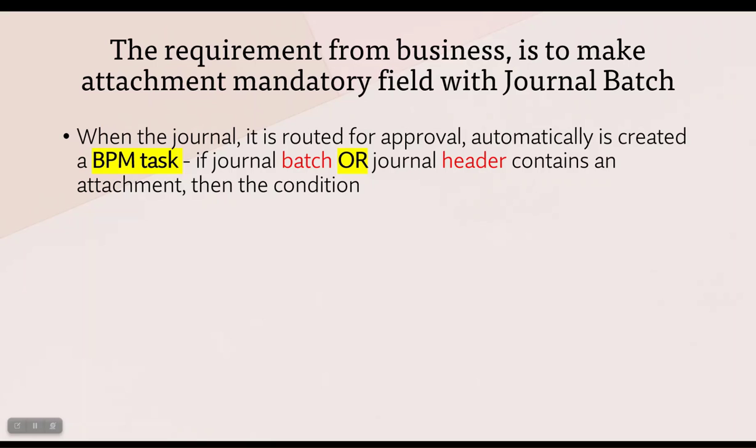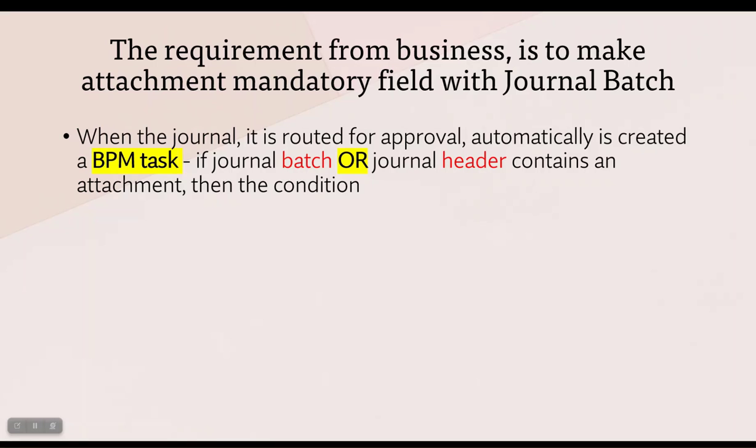Once I make it mandatory, the user cannot submit it or post it or submit it for approval until he attaches the attachment. In this case, the attachment field will be mandatory but without any validation. So we will talk about this point now.